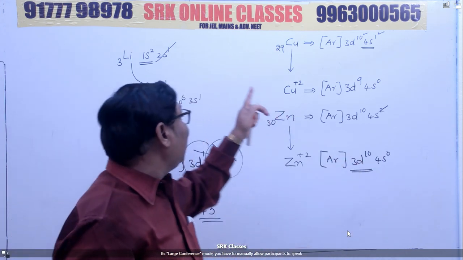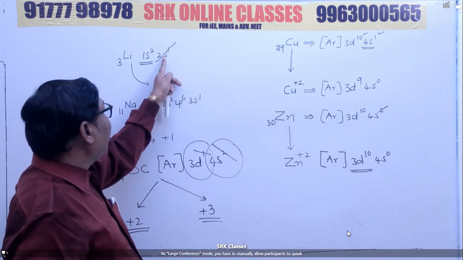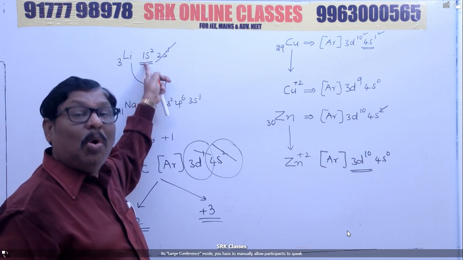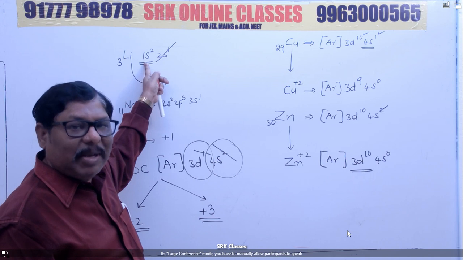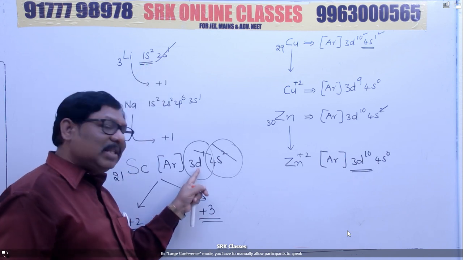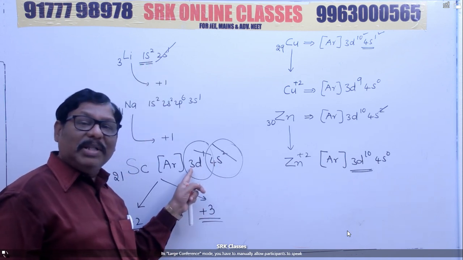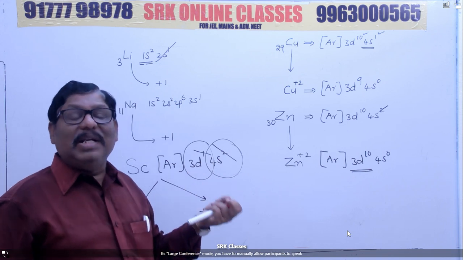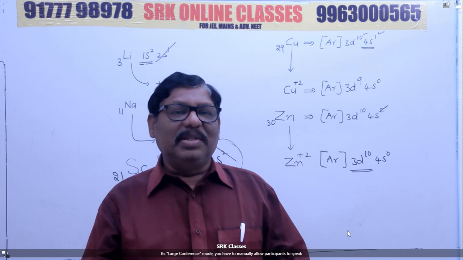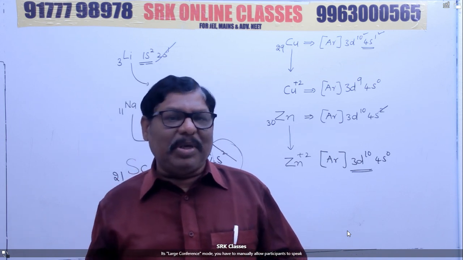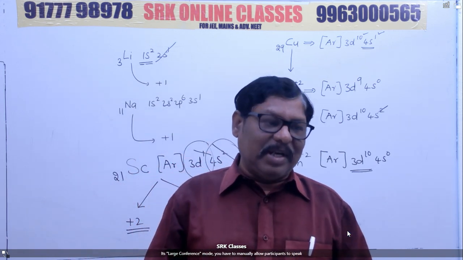But in case of s-block elements, the difference between the outermost and penultimate shell is more. That's why penultimate electrons are not taking part in the chemical reaction. Whereas in transition elements, both are taking part because the energy gap is negligible.